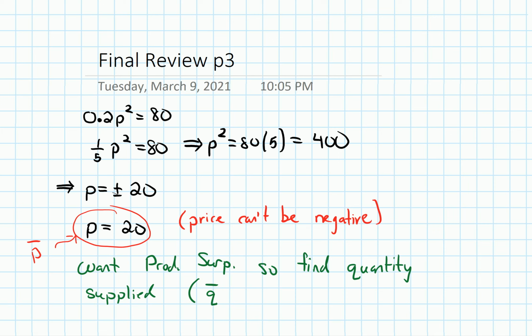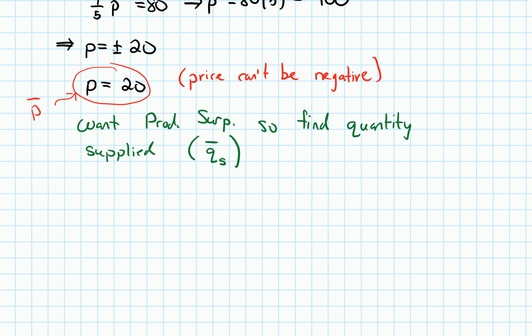One thing that helps me sometimes is to keep track of whether I am looking for the quantity supplied or the quantity demanded. Because I know it's quantity supplied here, I put a little subscript s. If I wanted quantity demanded, I would put Q bar with a little d subscript. I use my supply equation, Q equals 25 times (P minus 4) squared, and plug in my price level of 20.